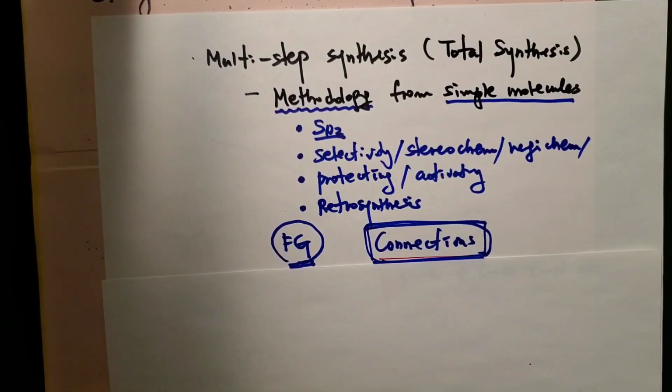But in order to make a bigger molecule, you need to connect. And obviously, we connected carbon and oxygen in SN2 or addition and so on. However, we mean more active connections, not only those nucleophilic ones, but carbons or anything.